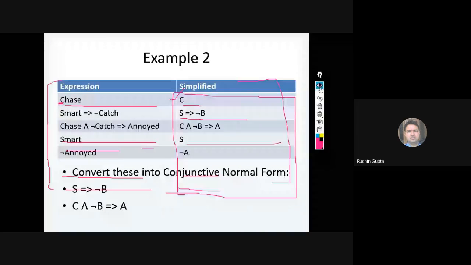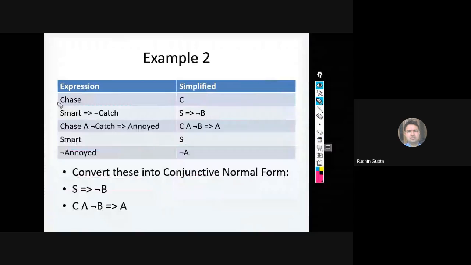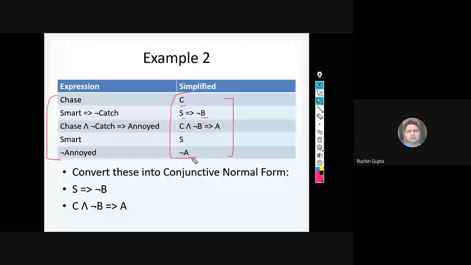I can represent all these propositional statements in a simplified form. Instead of using a word, I can use a single letter: C, S, capital B here, capital A here, so that I can deal with it conveniently. And I need to convert all these statements into conjunctive normal form.